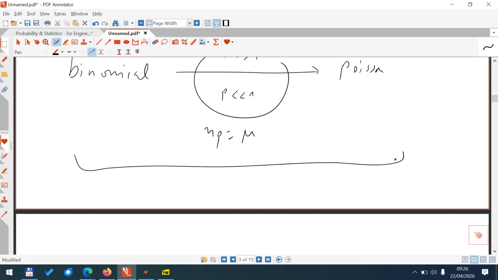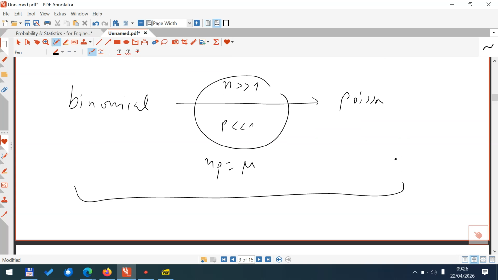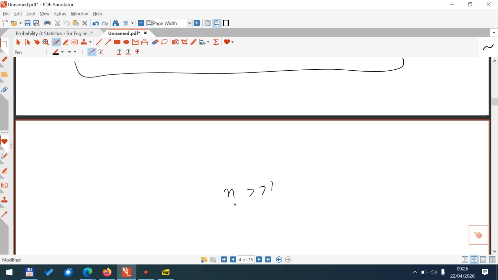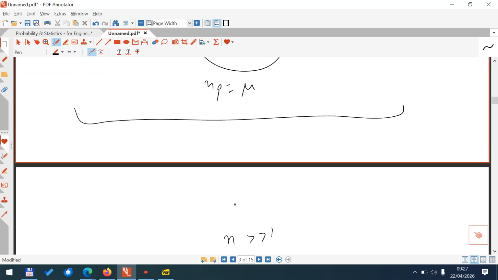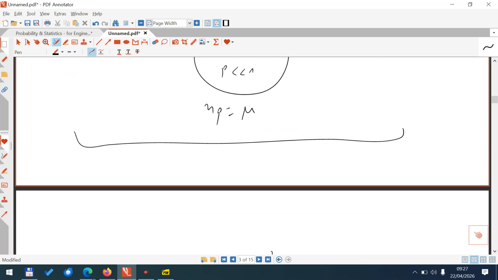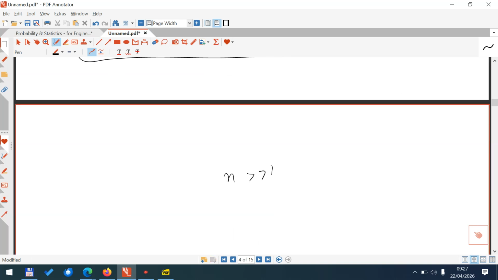So sometimes you have a binomial distribution, and n is very large. But there was another condition about n times p as well.